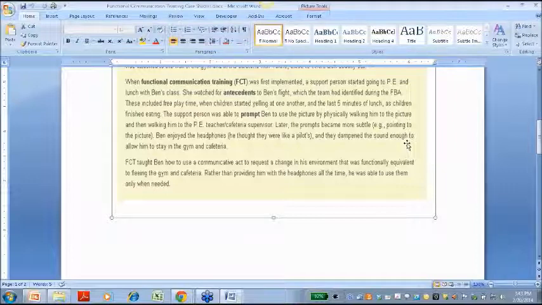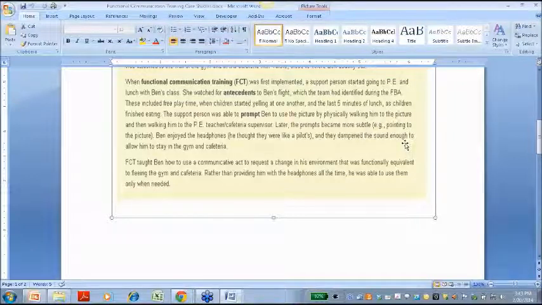She watched for antecedents to Ben's flight. So they were looking at what things were happening before he runs out of the classroom. The team identified during the FBA that these included free time playing when children started yelling at one another, and the last 5 minutes of lunch as children finished eating and started talking and probably being noisy.